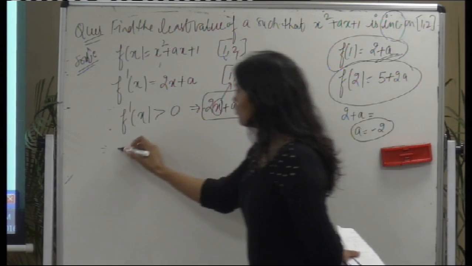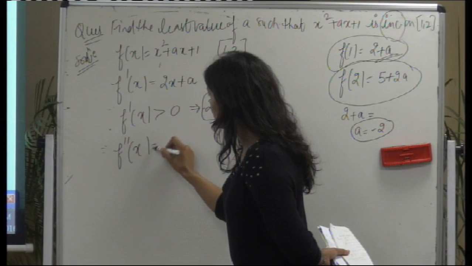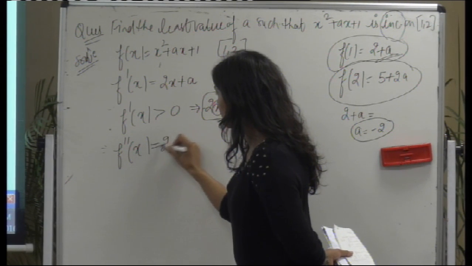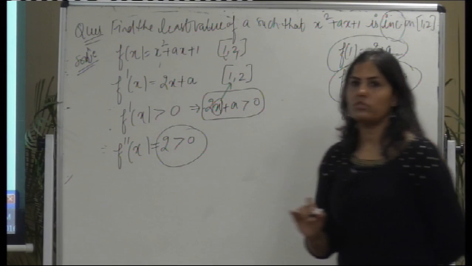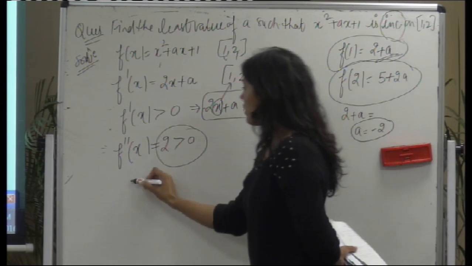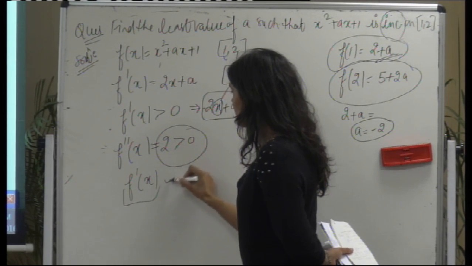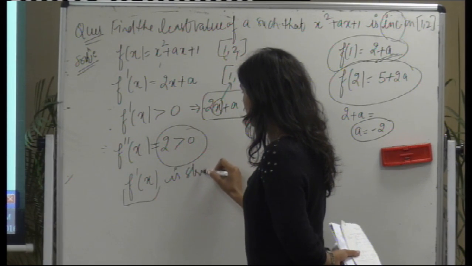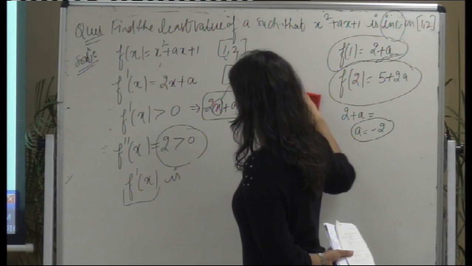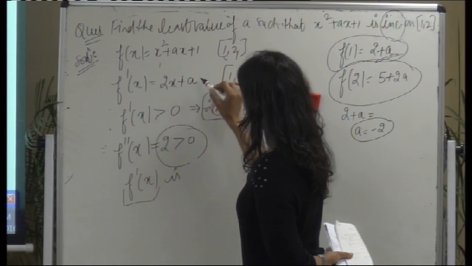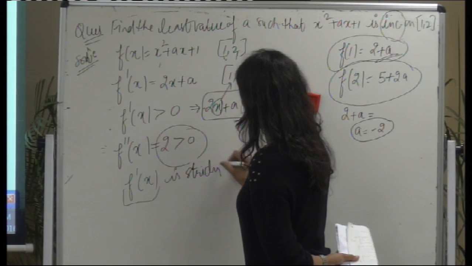Fine. So now the double derivative will be how much? 2. This is also positive. Derivative is positive means this is increasing. It is greater than 0, it can't be 0 now, so nowhere is it 0.